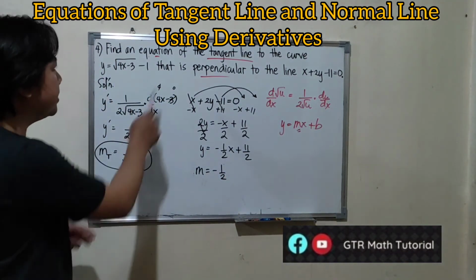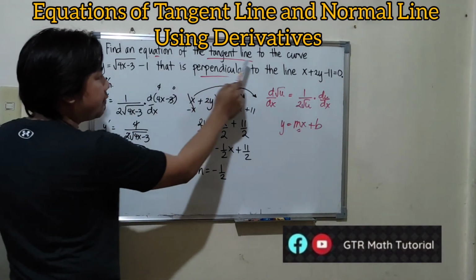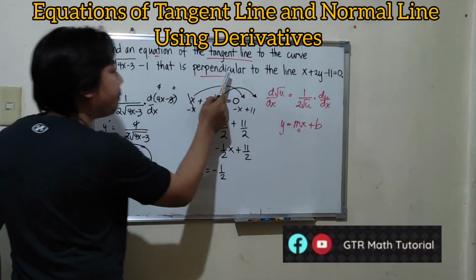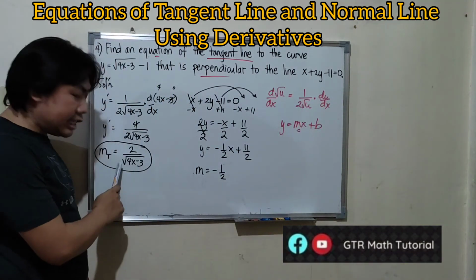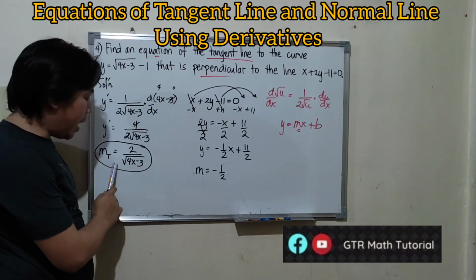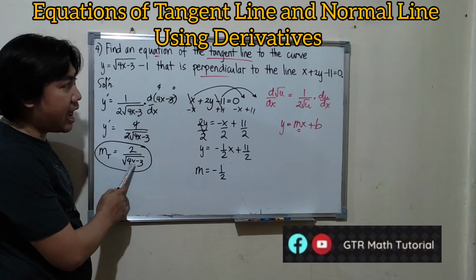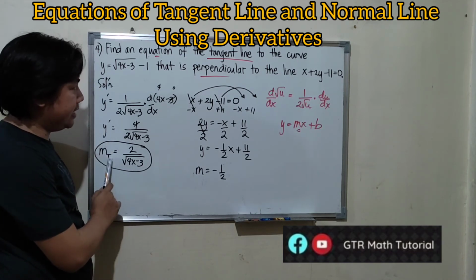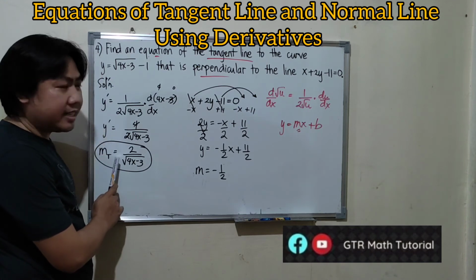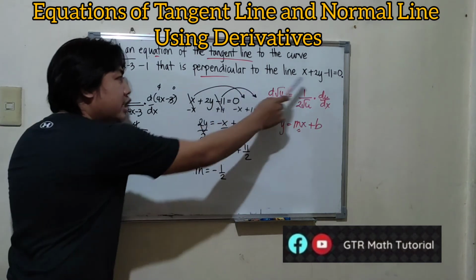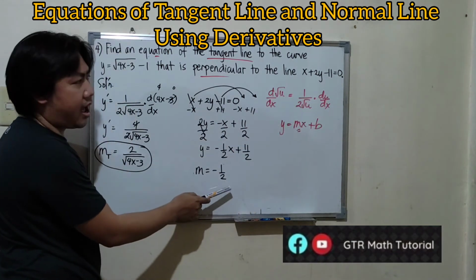So sabi dito, equation of the tangent line to the curve that is perpendicular to the line x plus 2y. So ito yung slope ng tangent line. Wala pa tayong value dahil wala pa tayong value ng x. So this is the equation for the tangent line slope.